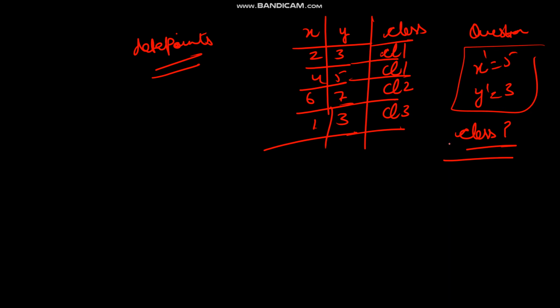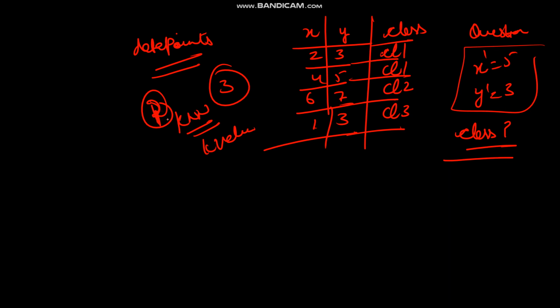For KNN, a K value should be given, suppose K is 3, or 2, or 1, or something like that.